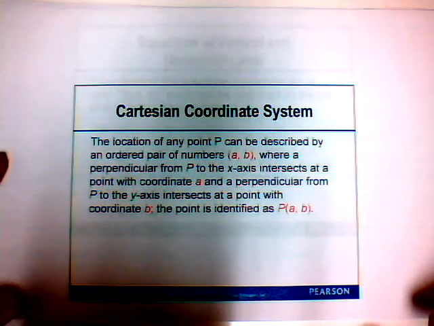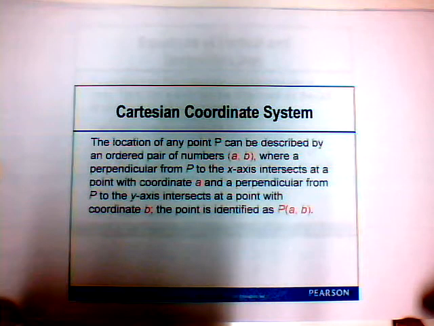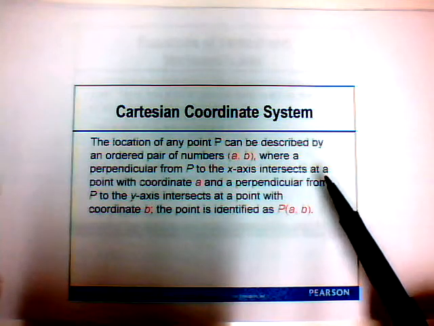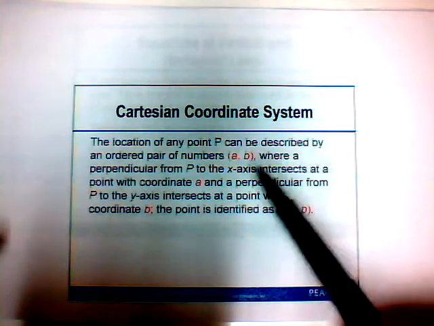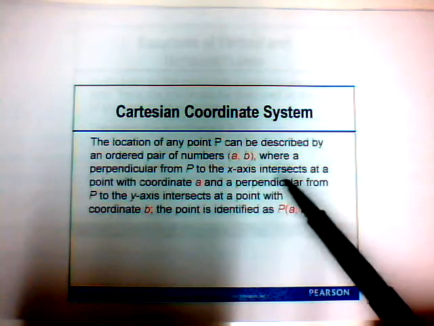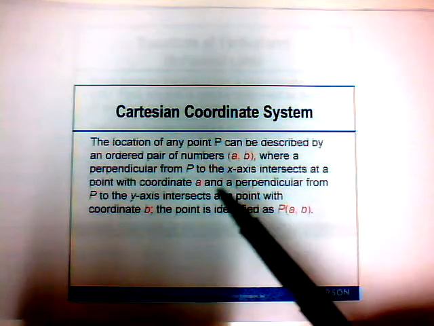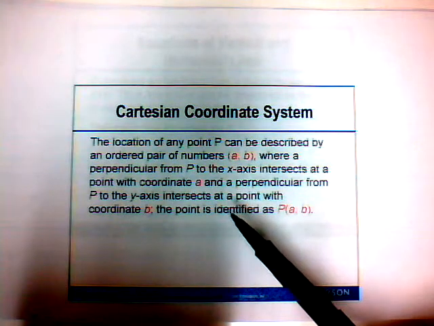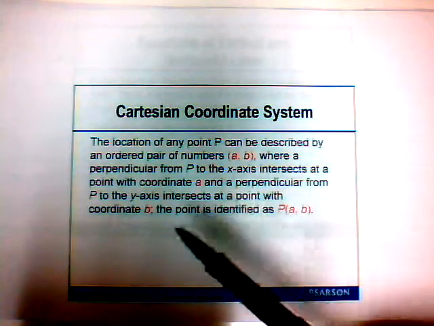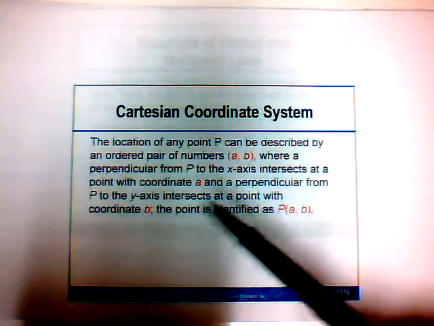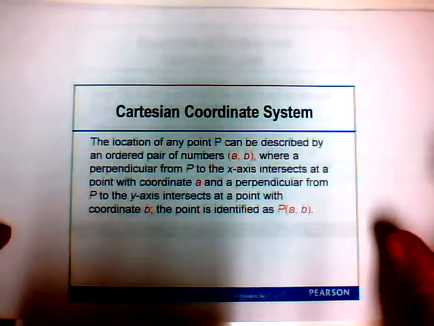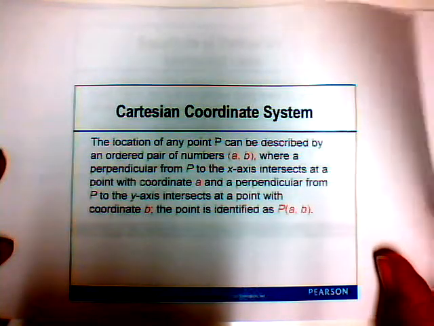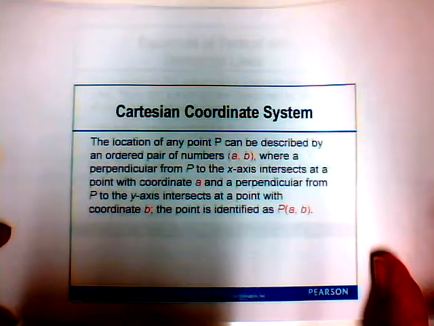The location of any point P can be described by an ordered pair of numbers (a, b), where a perpendicular from P to the x-axis intersects at a point with coordinate a, and a perpendicular from P to the y-axis intersects at a point with coordinate b, and that point is identified as P with the coordinates (a, b).